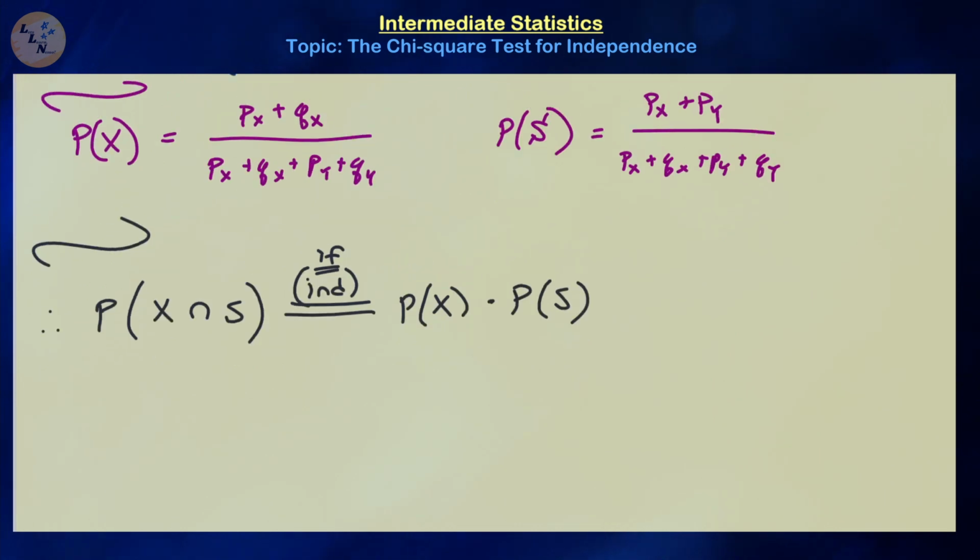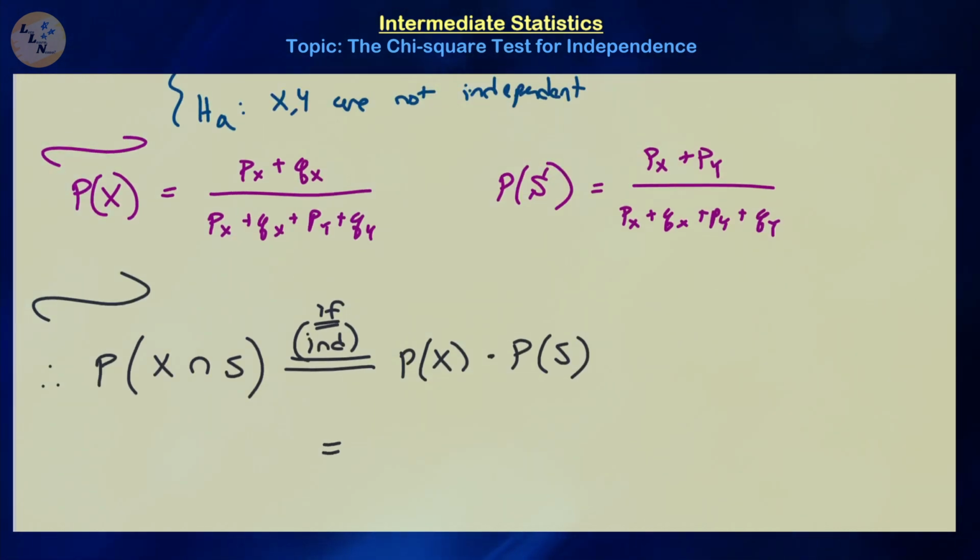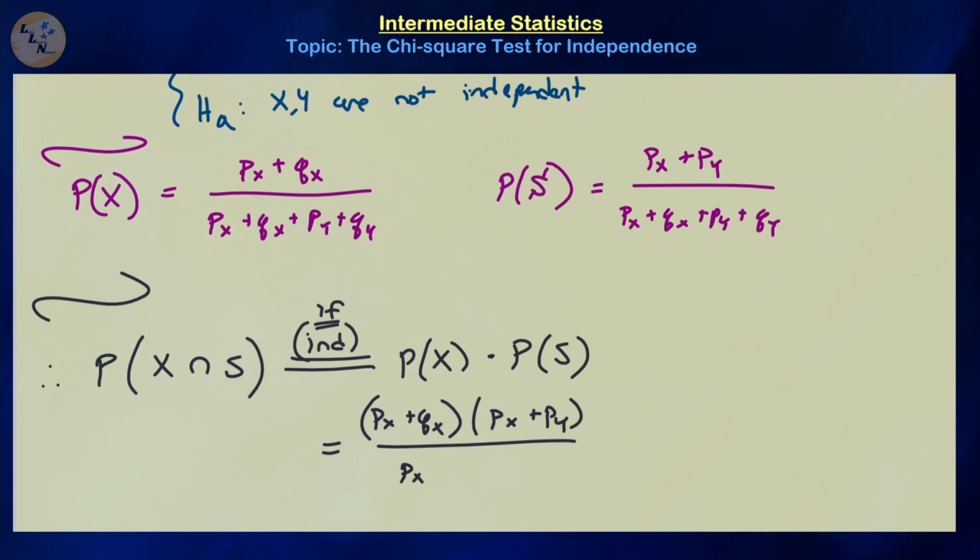So what is the product of these two probabilities? So that's just going to be equal to px plus qx times px plus py all over px plus qx plus py plus qy quantity squared.